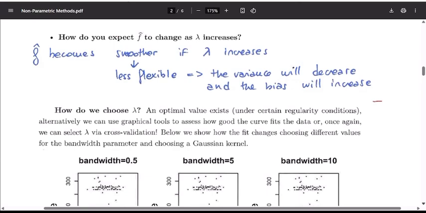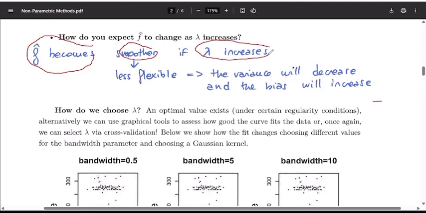When lambda is large, it has an implication. When you choose a medium value, it has an implication. How do you expect the prediction to change as lambda increases? Please pay attention. The curve becomes smoother if lambda increases.